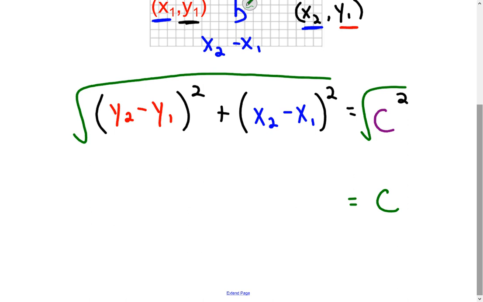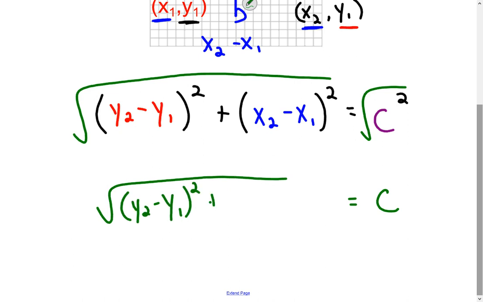Well, when I look at that, I'm just going to end up with this all over again. y2 minus y1 squared plus x2 minus x1 squared. And remember, when I take the square root in an equation, I always have to look at the positive and the negative.